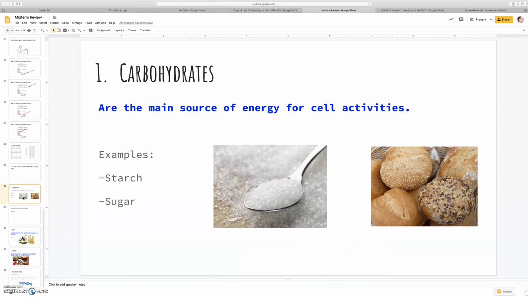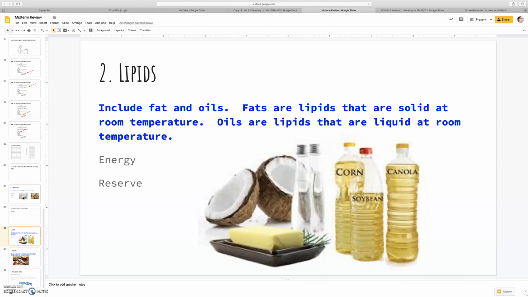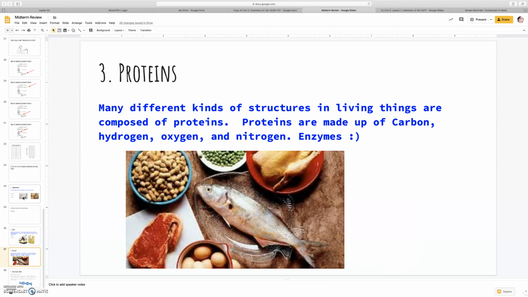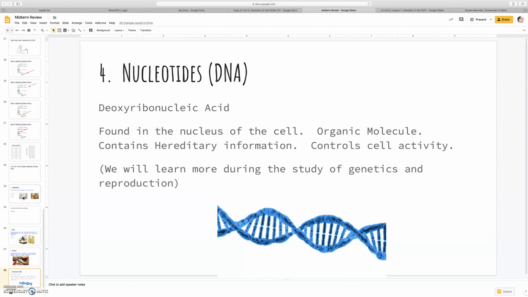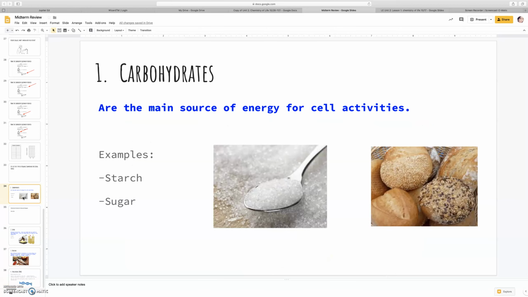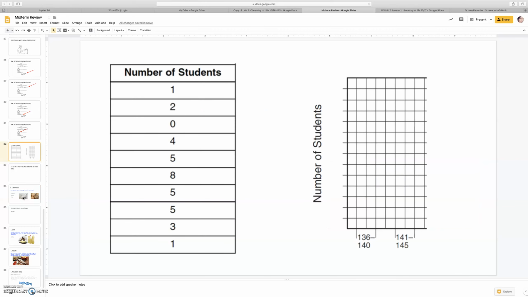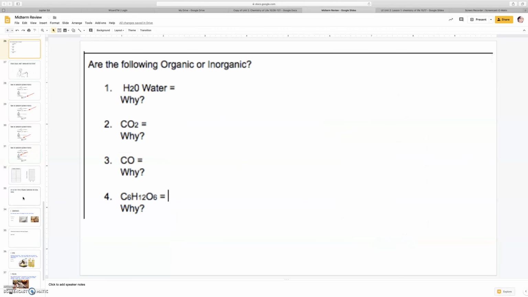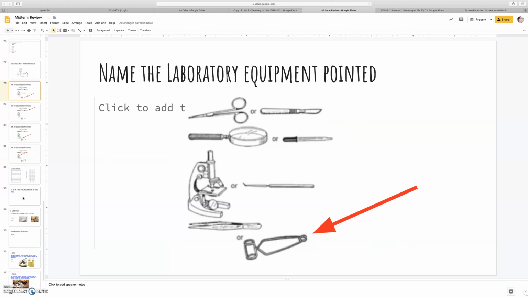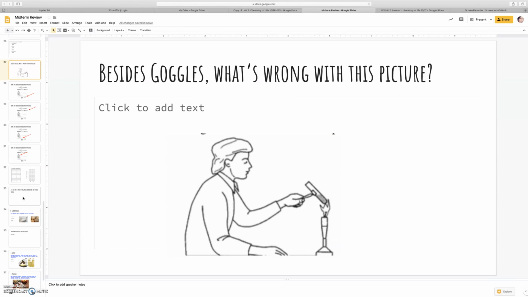So one more time, carbohydrates like starch and sugar, lipids, fats, proteins, nucleotides are all examples of organic molecules. Water is not organic, okay? Water is not organic.